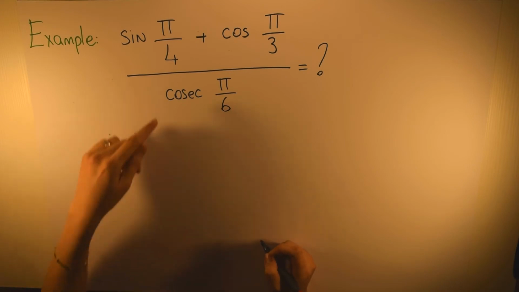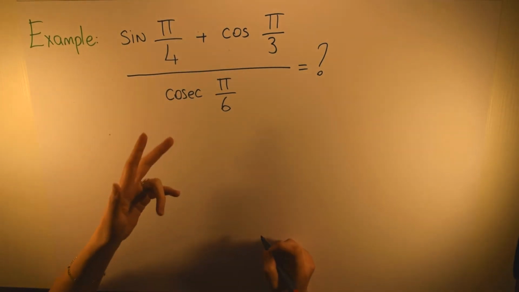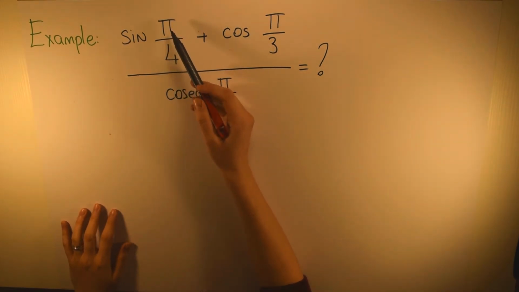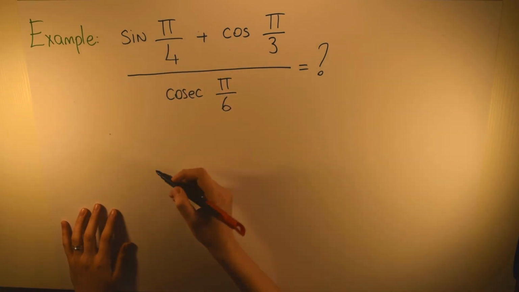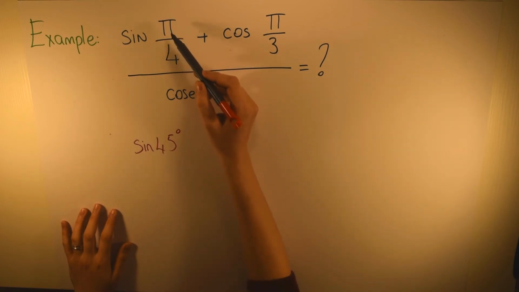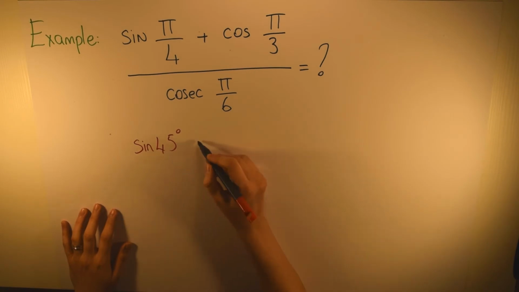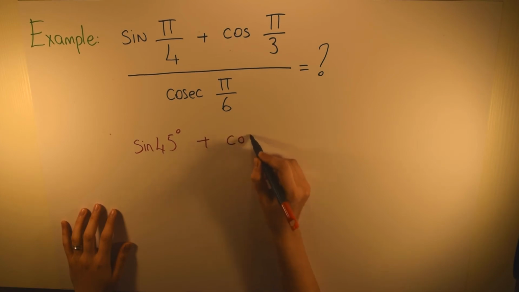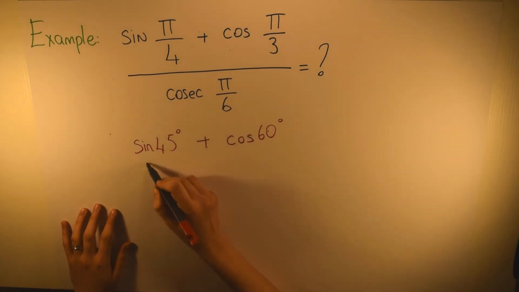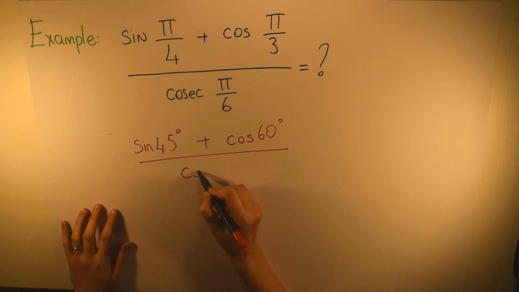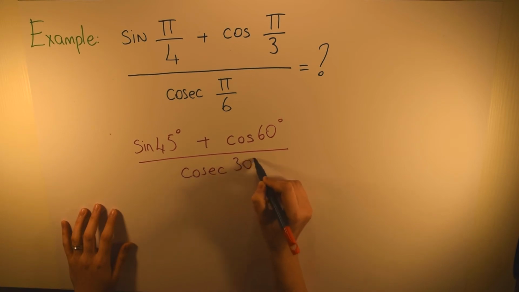All you have to do is put 180 degrees instead of pi, and it will be easier for you to solve this kind of problem. So if we put 180 instead of pi, we get sine 45 degrees, since 180 divided by 4 is 45, plus 180 over 3, which is 60, so cosine 60 degrees, over cosecant 30 degrees.